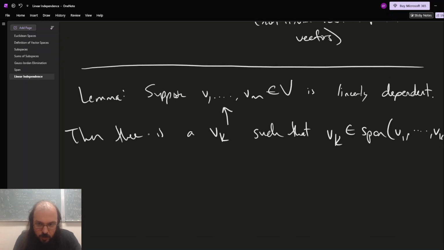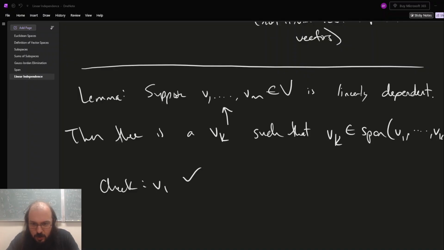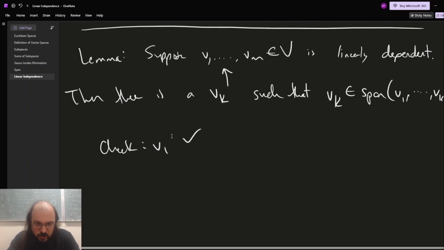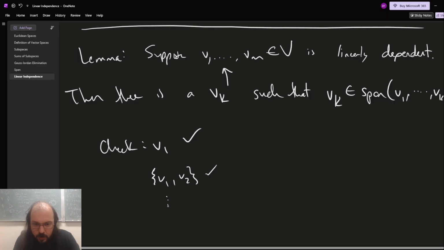Okay. So where was my confusion? I was thinking that the lemma says if there's a linear dependence, then one of the things is redundant. That's true, but it's not exactly what he's saying. He's saying something slightly more. Axler's telling us that what I should do is I should start with V1. A single vector is always linearly independent, right? Because of course it is. Then we look at the list of V1 and V2. And we see, is that linearly independent? And if yes, we keep going.